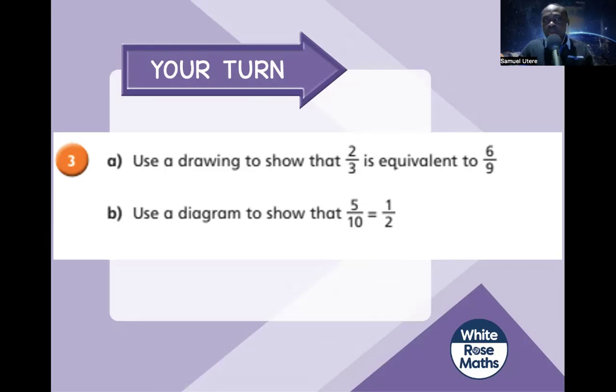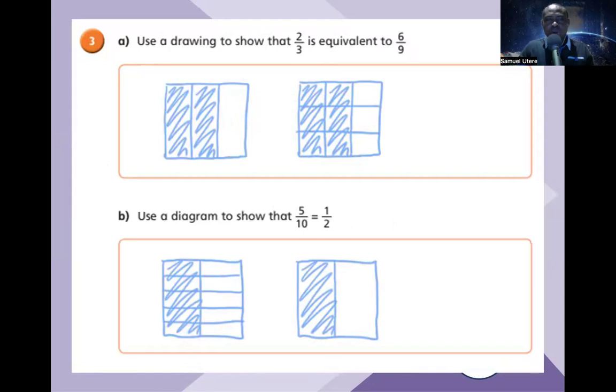Assuming you've paused the video and answered question 3, here are the answers. Let's discuss them. You were asked to use a drawing to show that 2/3 is equivalent to 6/9. So what you could have done is draw a diagram just as you've seen here, and then show their equivalence. Okay. Here, same, use a diagram to show that 5/10 is equal to a half.